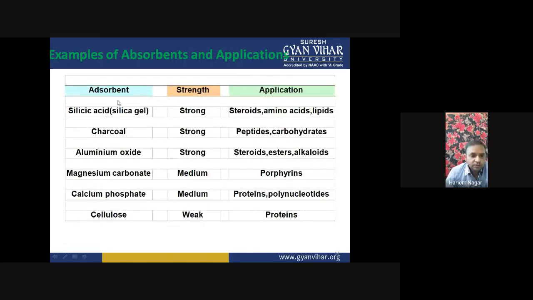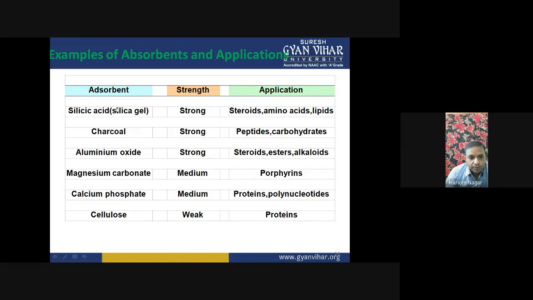Examples of the adsorbent and their application. If the adsorbent is silicic acid, that means silica gel, this is a strong adsorbent, and its application is for the separation of steroids, amino acids, and lipids. These types of components can be separated on a silica gel stationary phase.